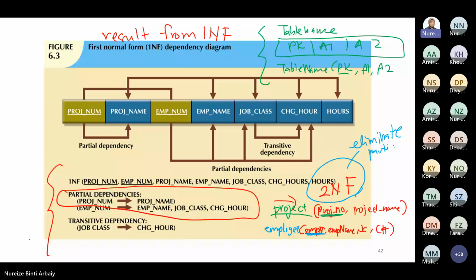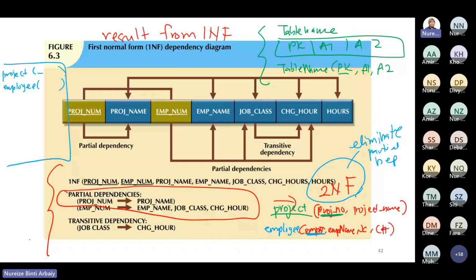Okay, so now I will show. So now you have your first table, which has become second normal form. It means that you now have project and the employee table. But then you haven't finished the transitive dependency.